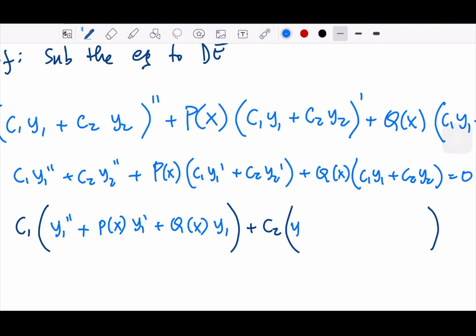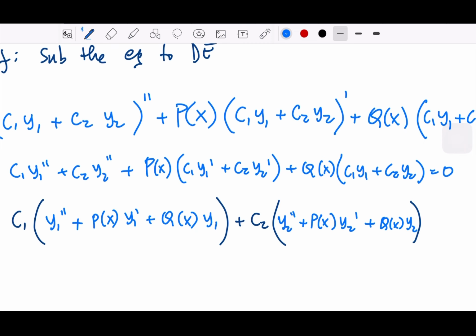This is y2 double prime plus p of x y2 prime plus q of x y2, and it's supposed to be equal to 0.